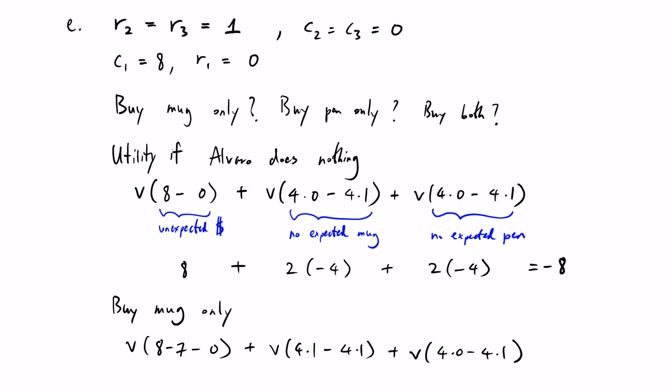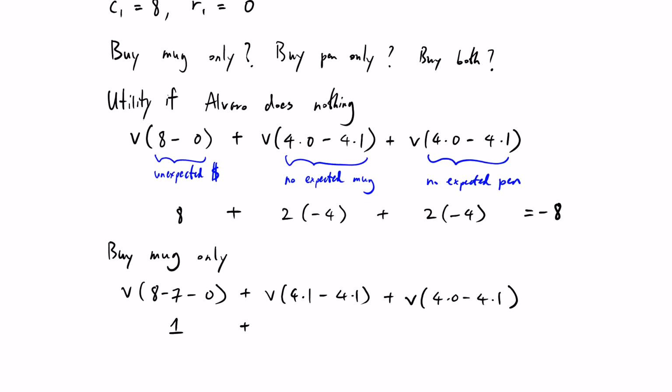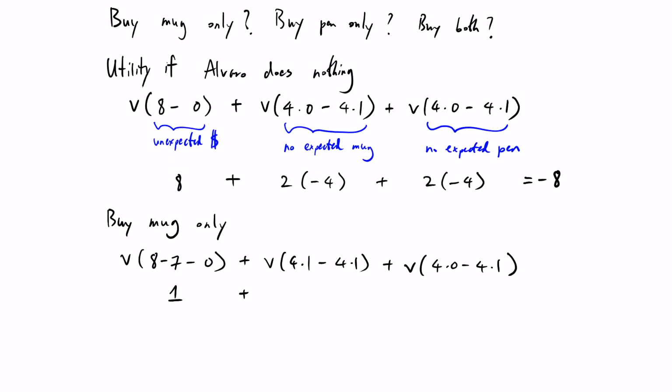So that's 1 plus 0 plus 2 times -4 equals -7, right? That's slightly better off.